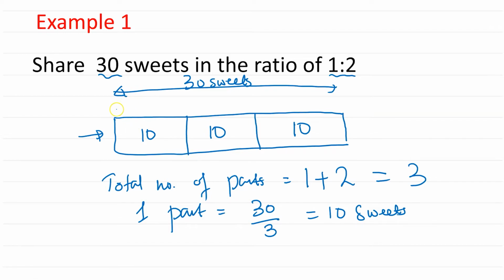But someone is going to have only one of these parts. That's 1 part. And somebody else is going to have 2 parts. So if we share 30 sweets in the ratio of 1 to 2, what we're going to have is 10 sweets to 20 sweets.